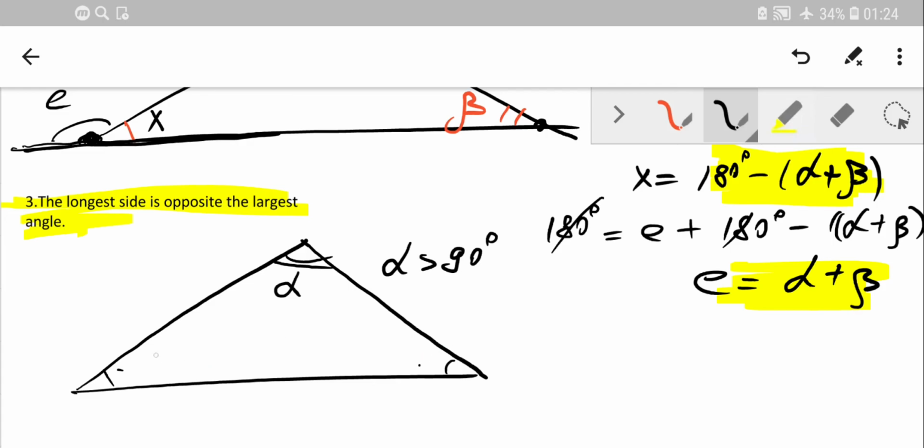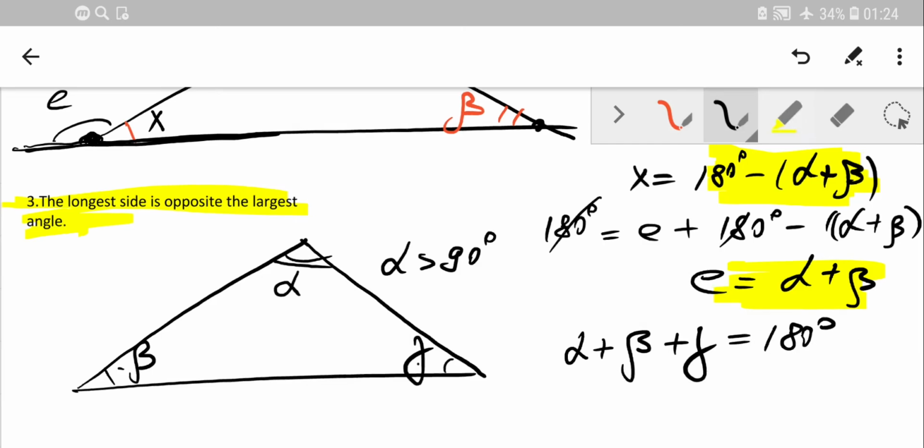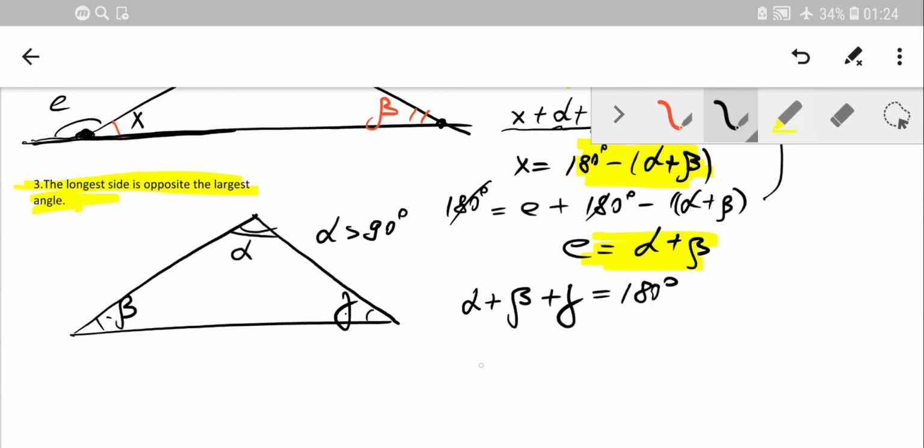Because in total, alpha, beta, and gamma add up to 180. If we consider one angle as obtuse, for example alpha, so it's more than 90, we can express alpha as 180 minus (beta plus gamma).